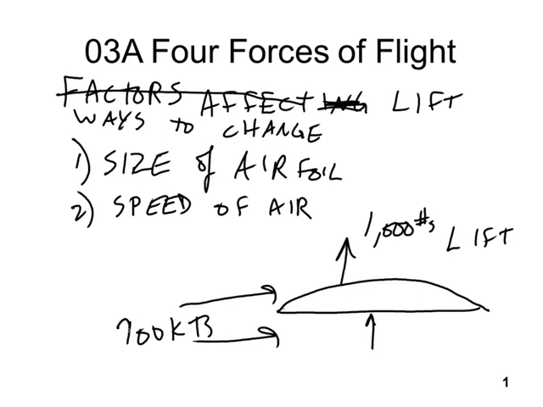If we change this to 200 knots, woohoo! It's not exactly 2,000 pounds of lift, but it's really, really close. We're not going to get into the formula today. But the faster the airfoil goes, the more lift it gets.